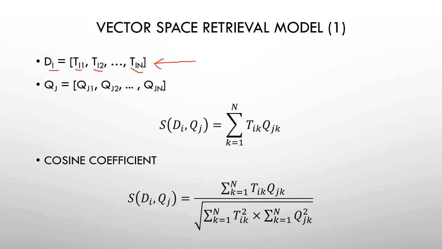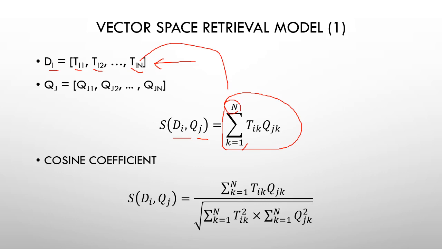Okay, and the way we measure the similarity of any document i with the query qj is represented in this equation. So we sum up from k equals 1, this is term number 1, to term number n, because here it is n.